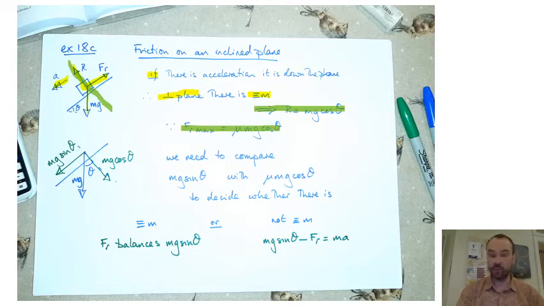To decide whether there is acceleration, we need to compare mg sine theta, which is the component of the weight parallel to the plane, with the frictional force.